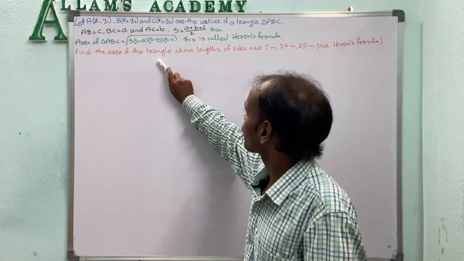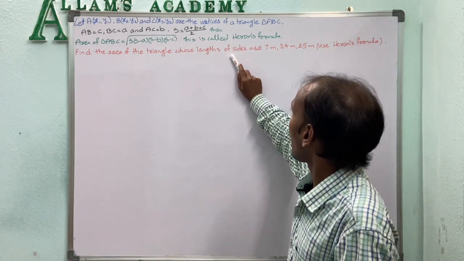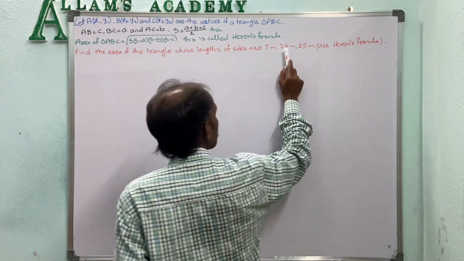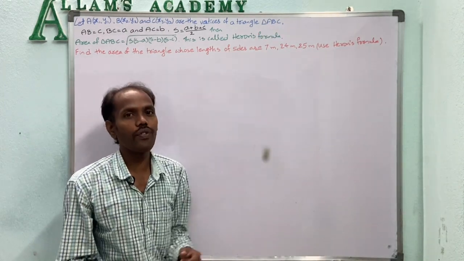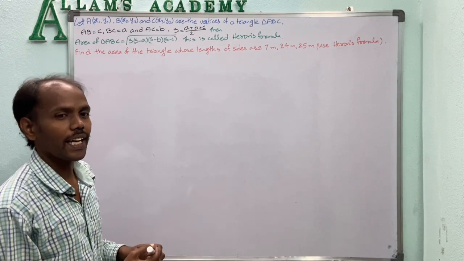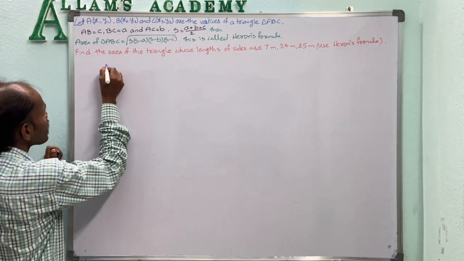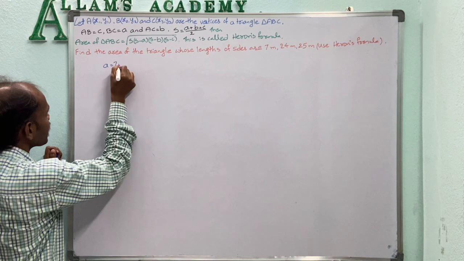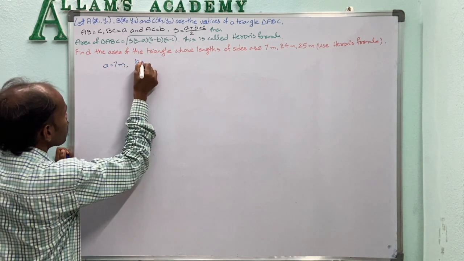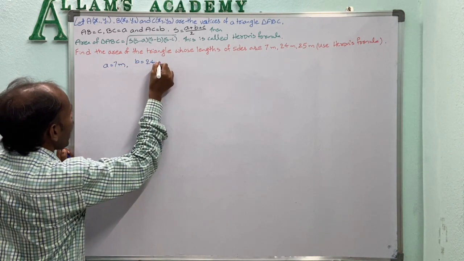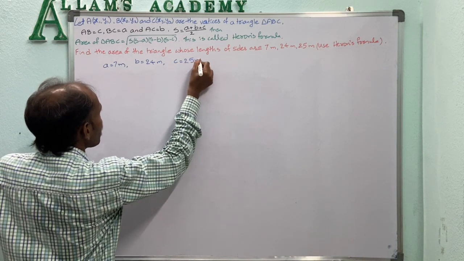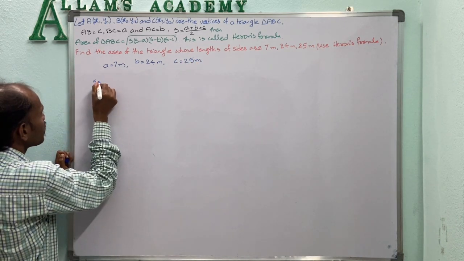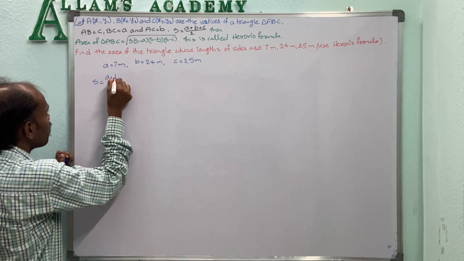Find the area of the triangle whose lengths of sides are 7 meters, 24 meters, 25 meters. Use Heron's formula. So here the length 7 meters will be taken as a, 24 meters as b and 25 meters as c. Now S is nothing but (a plus b plus c) by 2.